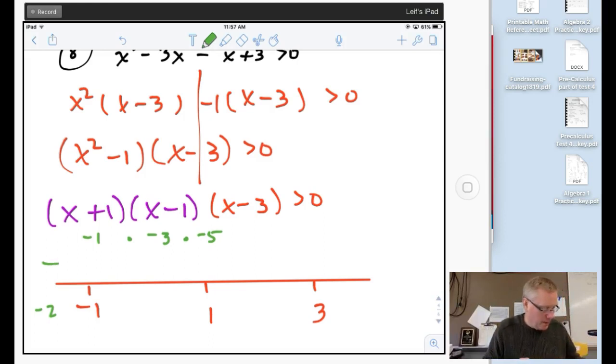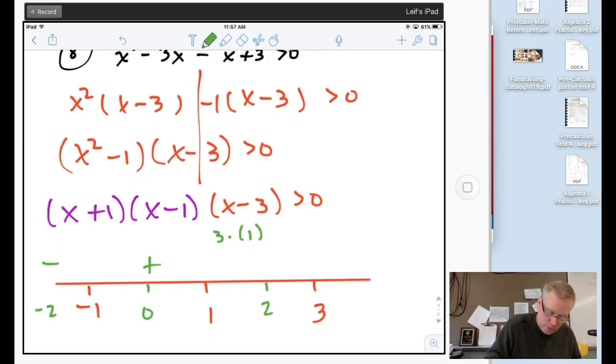If I plug in a number here, like 0, I get 1 times negative 1 times negative 3. So that's a positive, two negatives together make a positive. And if I plug in a number over here, like 2, I get 3 times 1 times negative 1. That's negative.